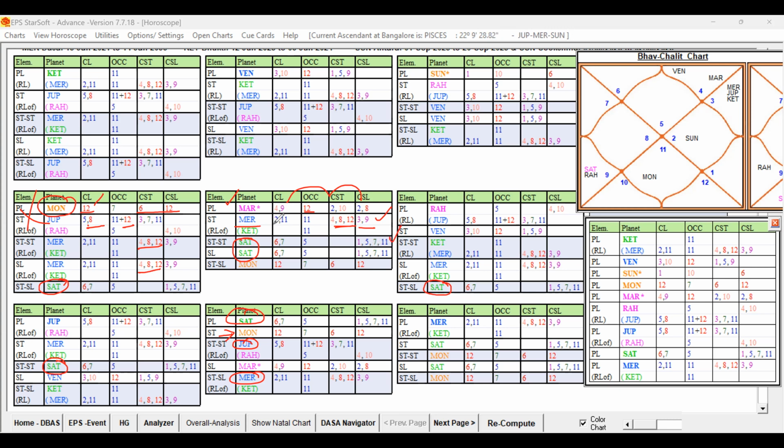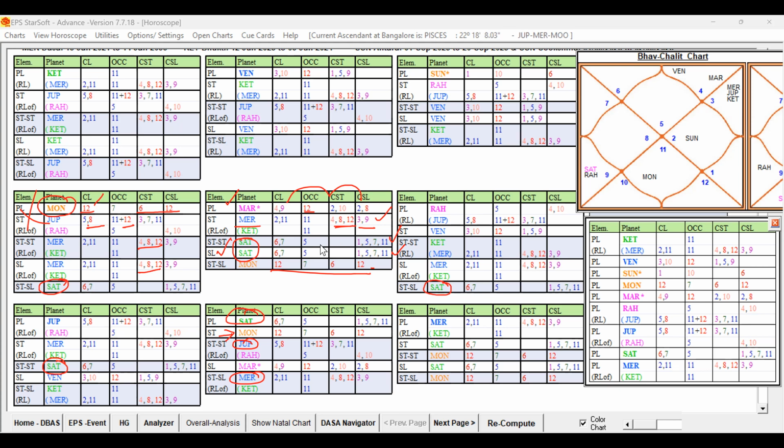So that way, that unfavorable strength is not further supported, and sublord again Saturn is coming. So this is very good. Though last level planet is having some weakness, you can see this grouping is strongly favorable. 8 and 12 at the star level, source level also having 12 and 8, but sublevel and the star lord of the sublord, sorry, star lord of the star lord are not having.